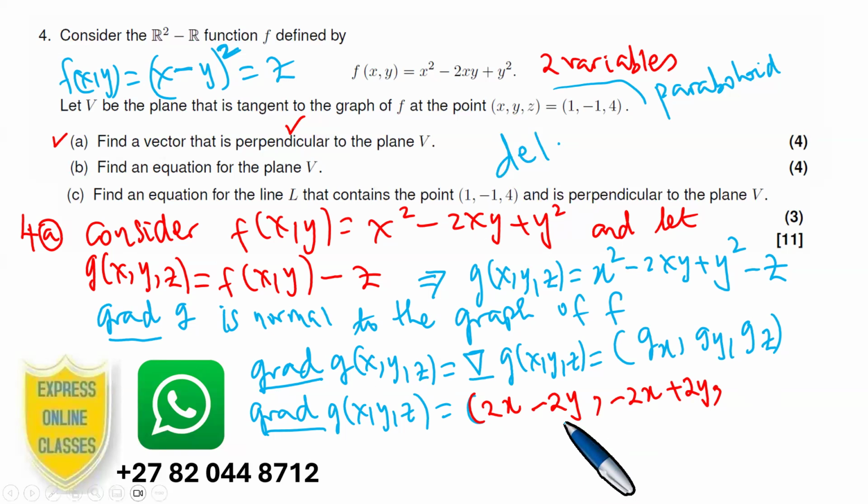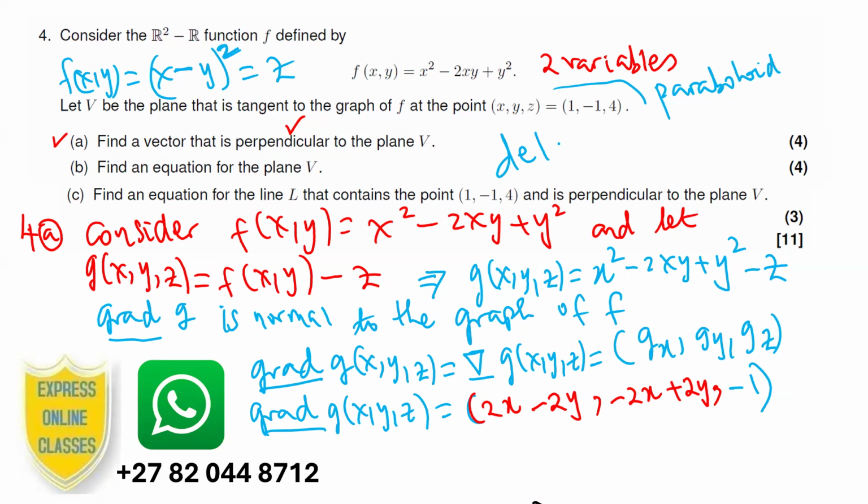So now we're dealing with the del of g. Now we're finding gz. You find that the derivative of this with respect to z is 0. This term with respect to z, 0. The derivative of y squared with respect to z, 0. The derivative of minus z with respect to z becomes negative 1. This is actually what we have got.